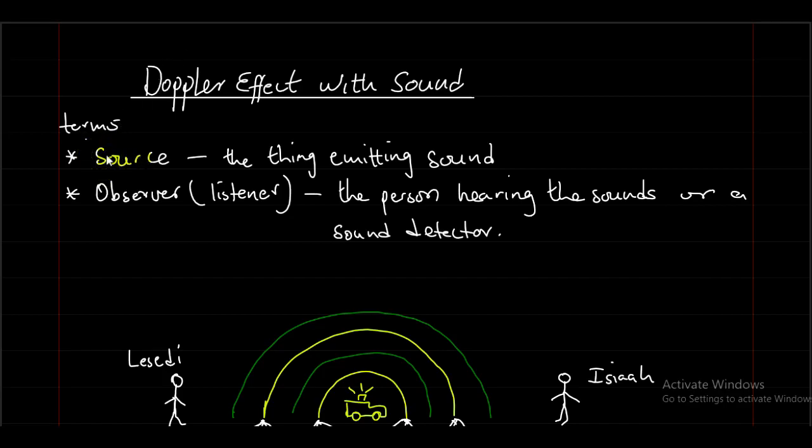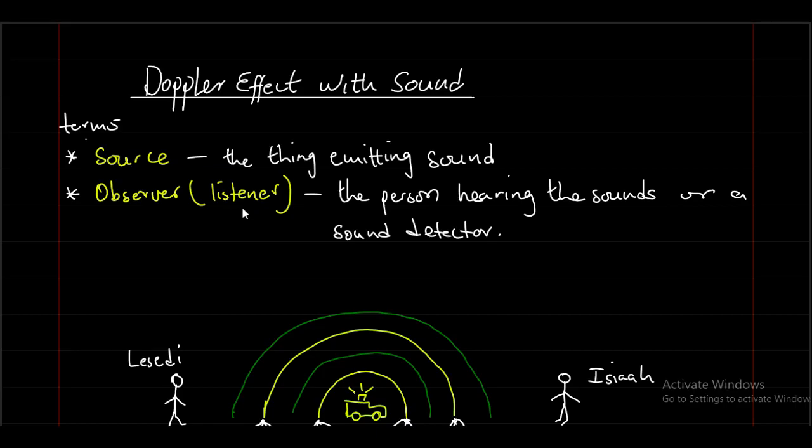We have the source, which is the source of sound, in our example the ambulance that is blowing the siren. And the other thing is the observer, which is the listener in this case. So you are the one hearing the siren from the ambulance, which is the sound source.